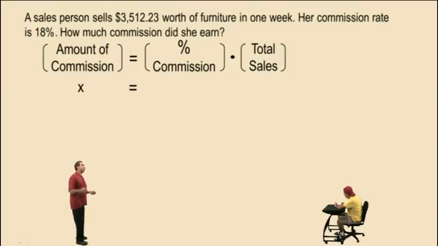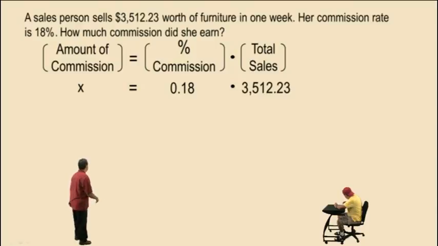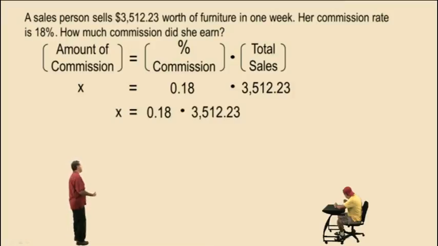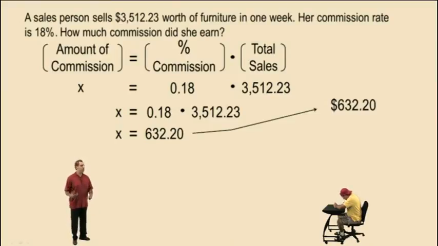Changing that to a decimal, remember, move it 2 places to the left, and we get 0.18. And the total sales was given, that's $3,512.23. And so to calculate x, multiply 0.18 times 3,512.23, and you should get 632.20, which represents $632.20. And that's how much commission she earned.